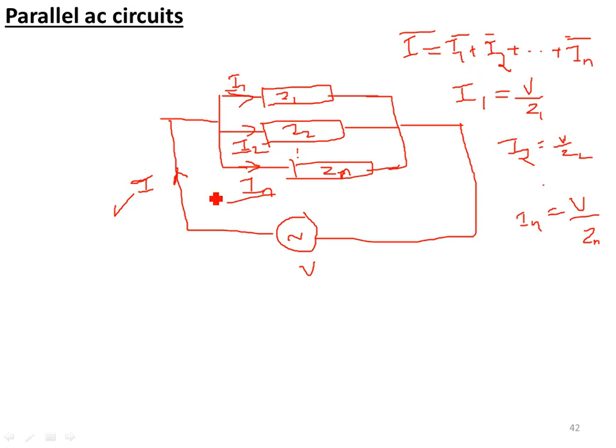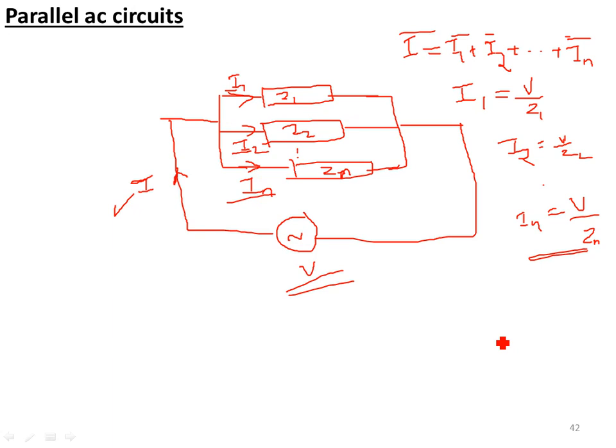Then the voltage across each impedance is V. Therefore, current through each impedance is given by, say for example, in the case of Z1, I1 is equal to V by Z1. In the case of Z2, I2 is equal to V by Z2, etc. In the case of Zn, In is equal to V by Zn. So this is a brief introduction to parallel AC circuit.